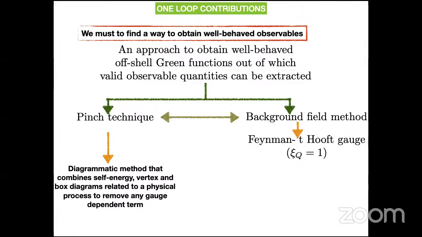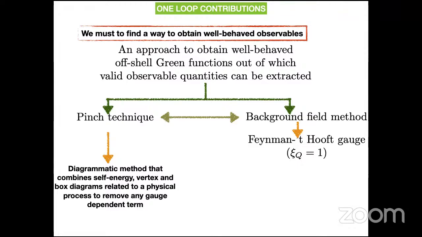Well, this technique seems to be very difficult, but we also have the background field method, which is very useful in quantum field theory, especially when we fix the gauge to the Feynman gauge. In this case, it has been proved that the background field method and the pinch technique are equivalent. So we have two approaches to extract well-behaved observables.